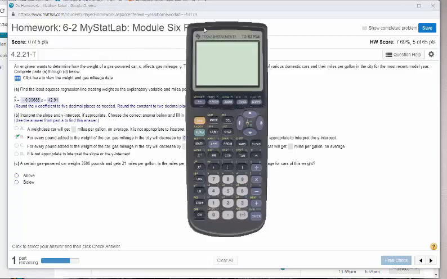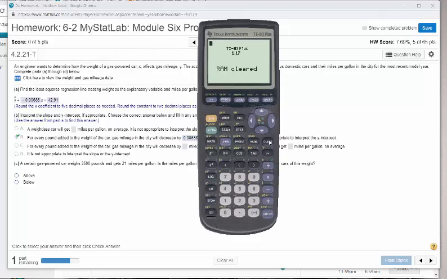So all we do is plug it into our calculator: minus 0.00688 times the car weighs 3,500 pounds, plus 42.91.